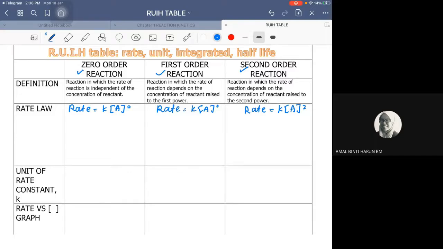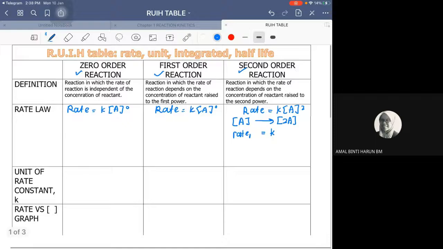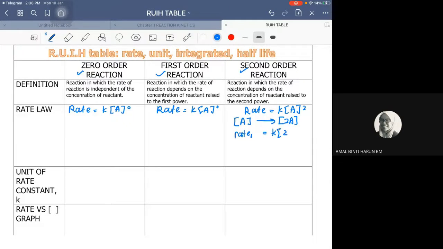Sekarang kita ambil contoh lah. Saya ambil second order. So, kalau A concentration dia, kita doublekan kepada 2A. Tadi saya dah buktikan kan. Rate 1, K A power of 2.